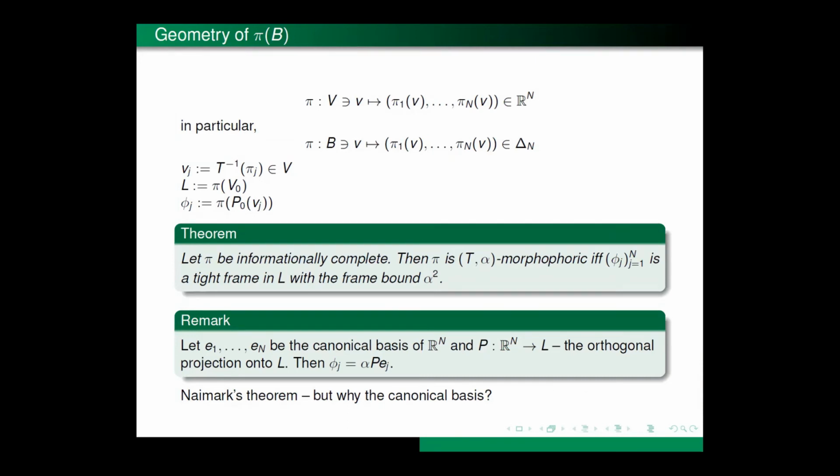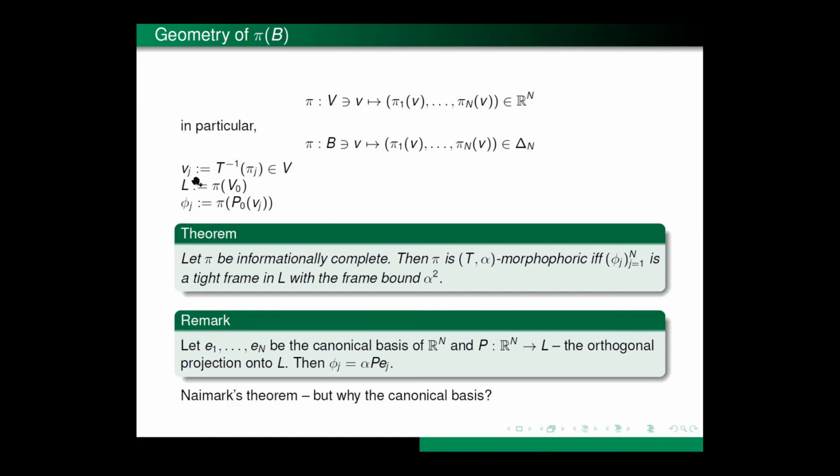But here I would like to tell you something about the external geometry in relation to the probability simplex. So first, let me start with this observation, and maybe with the notation.